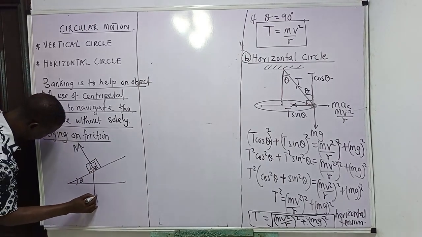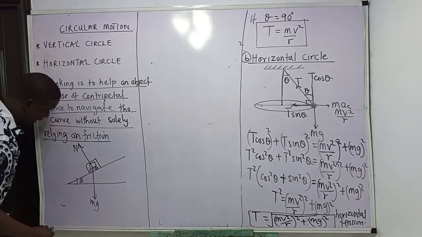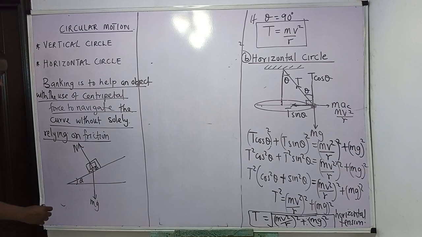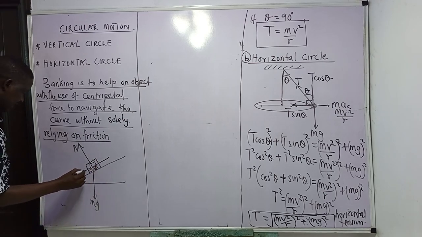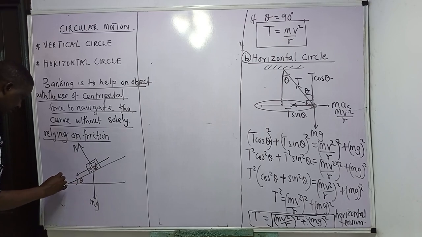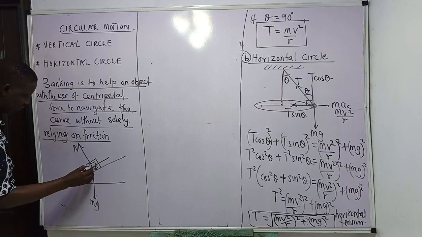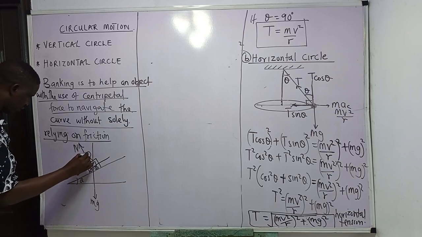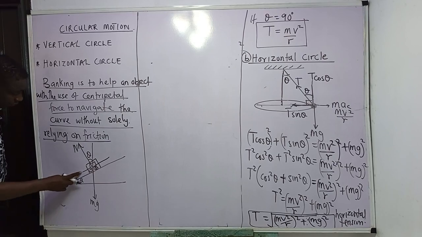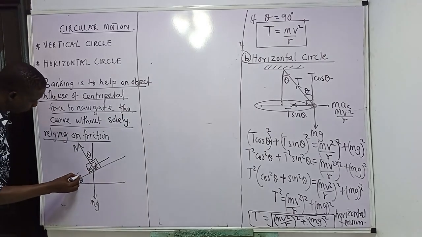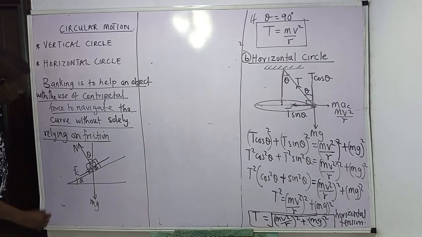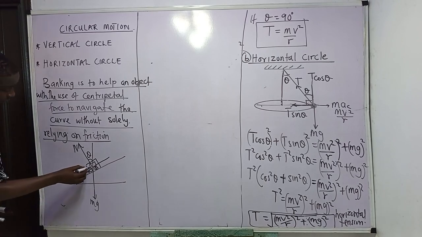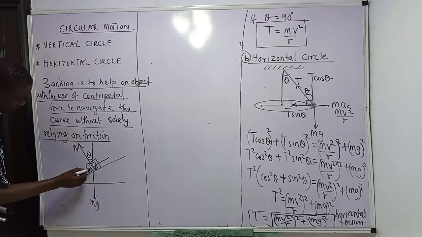This is the weight of the car. There's an angle here called theta. For the car to be moving, there is a centripetal force that is balancing it there.